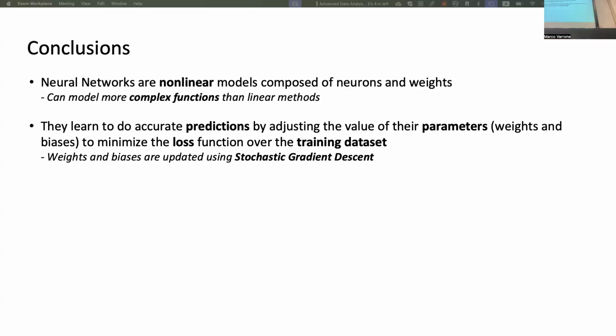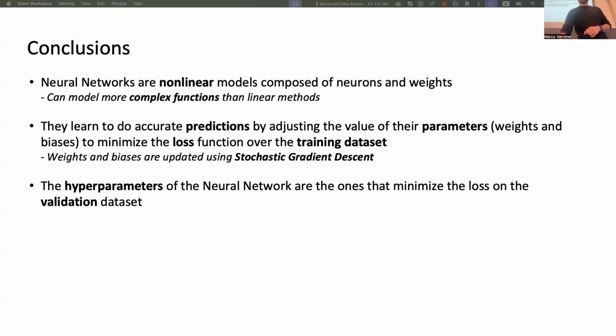The way they learn is by adjusting the values of these parameters with the objective of minimizing this loss function that one has defined, different between regression and classification, based on the training dataset. And these weights and biases are updated using the stochastic gradient descent. The hyperparameters are also the ones that minimize the loss on the validation dataset.